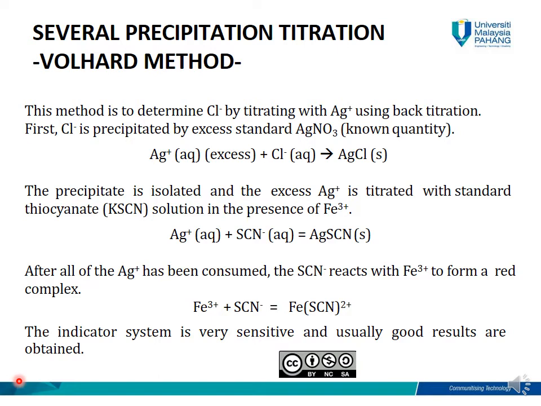In this case you use the potassium thiocyanate. By the time the thiocyanate reacts with the excess of silver ion, it will form a solid of silver thiocyanate. After that, the excess of thiocyanate will react with the presence of iron 3 plus.